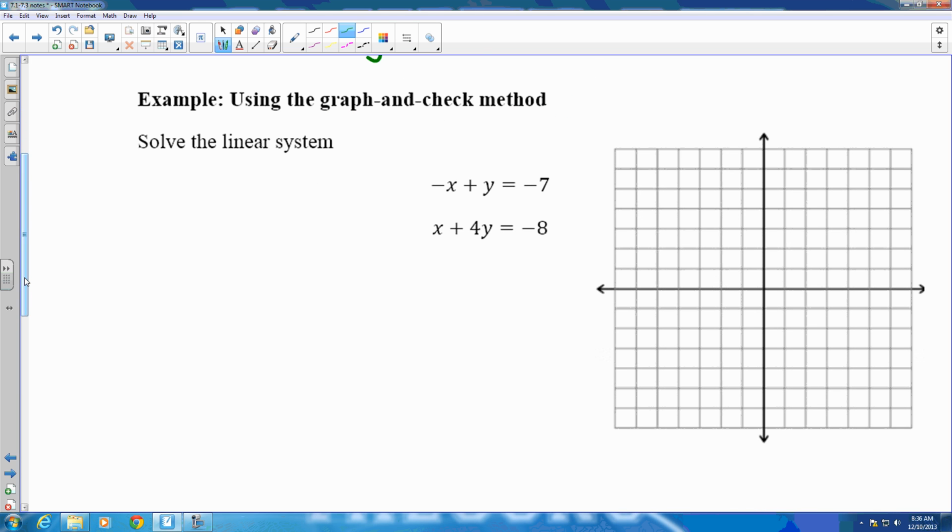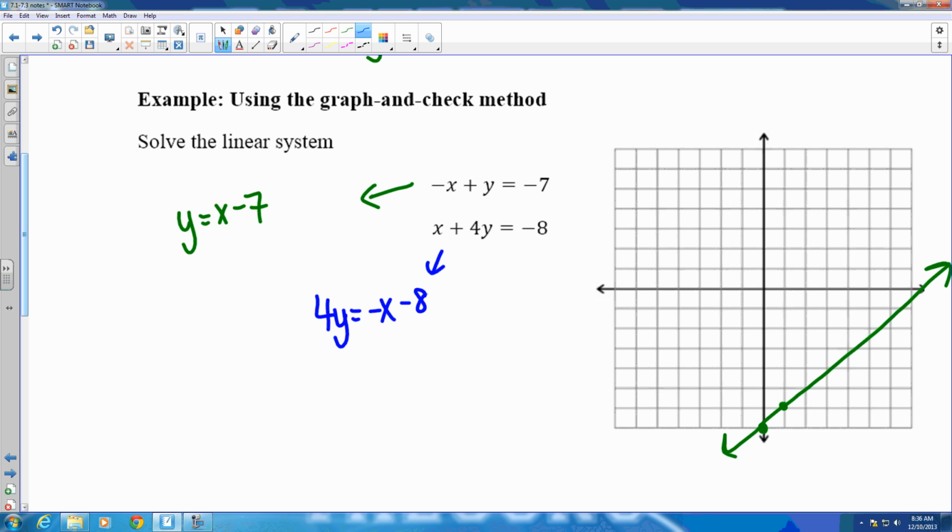Okay, so we're going to do the same thing. We're going to graph each one and find the intersection point. I'm going to put it into slope-intercept form and graph. That was a little off, so we're going to have to estimate our intersection point. Same thing with this one. Subtract x, divide by 4.